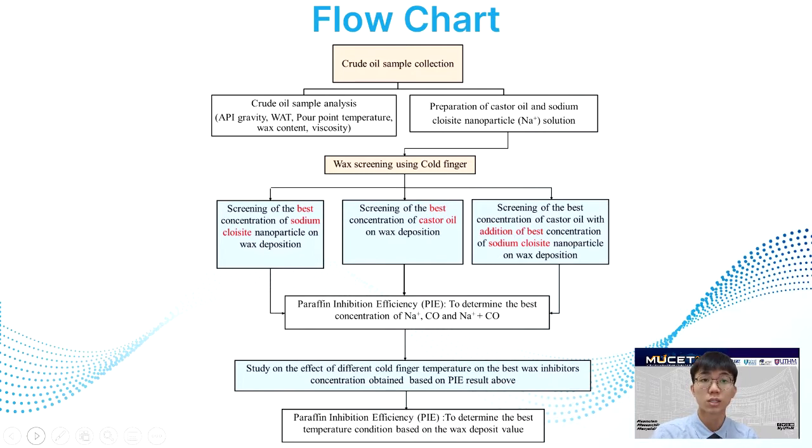The wax inhibitors were prepared from the castor oil and the sodium chloride nanoparticle solution. By screening the best concentration and calculating the paraffin inhibition efficiency, we can study the effect of different cold finger temperatures and finally calculate the paraffin inhibition efficiency also.